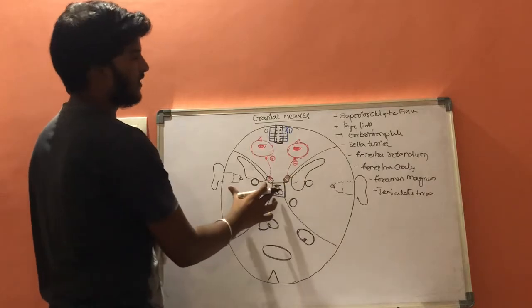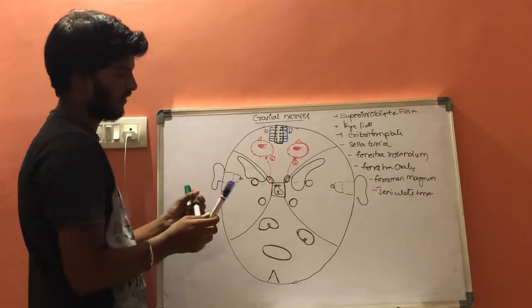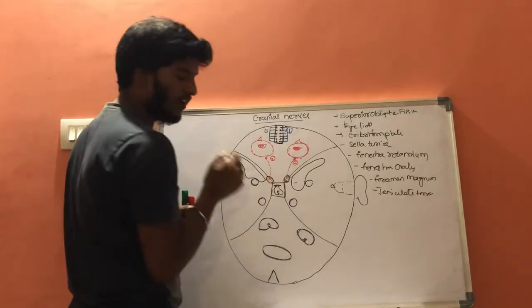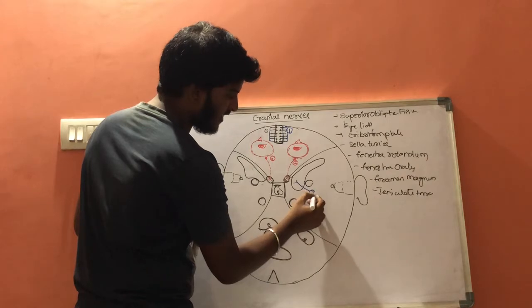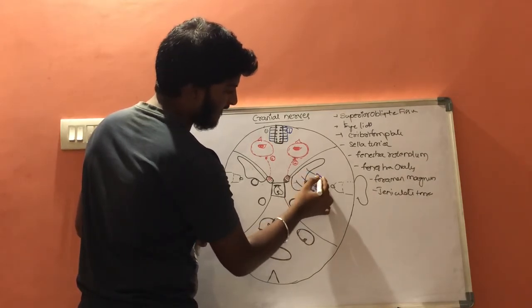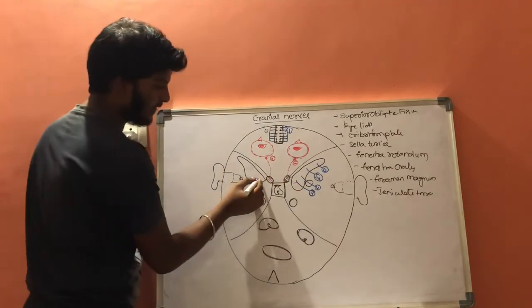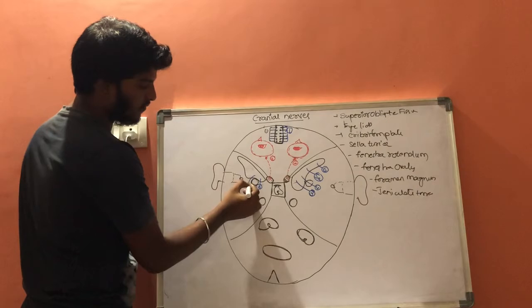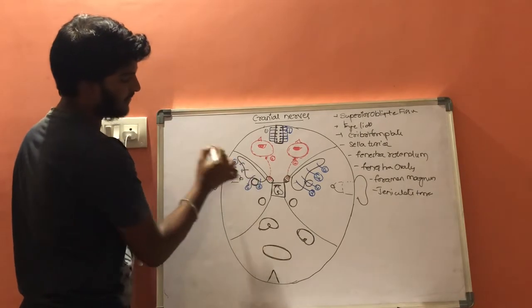These are the superior orbital fissures. Now, the superior orbital fissure includes the third cranial nerve, the fourth cranial nerve, the 5A type cranial nerve and the sixth cranial nerve.